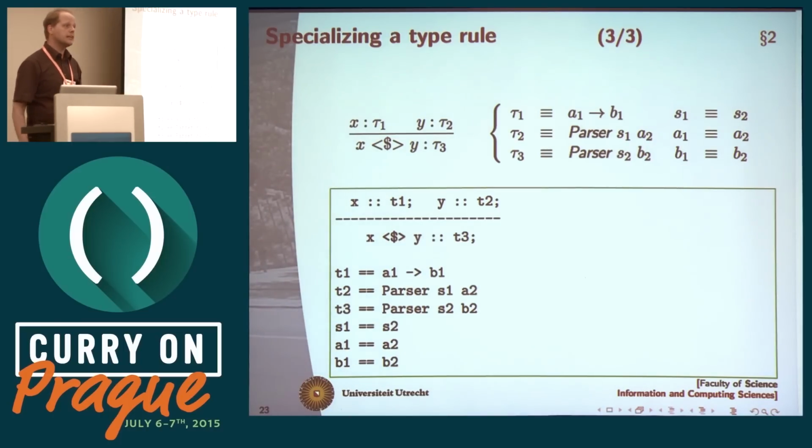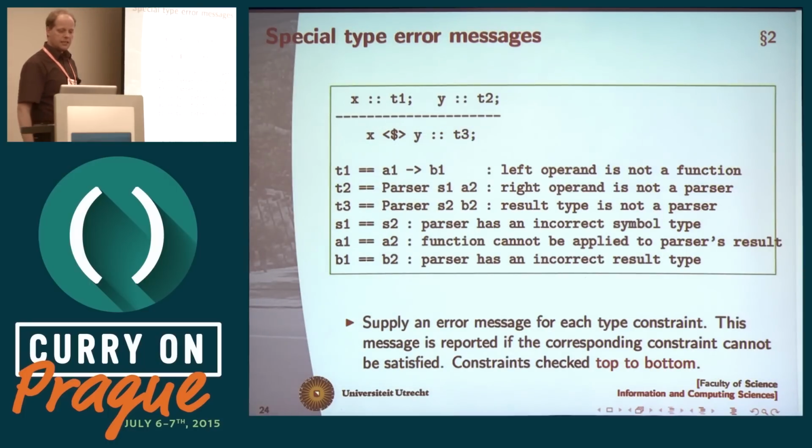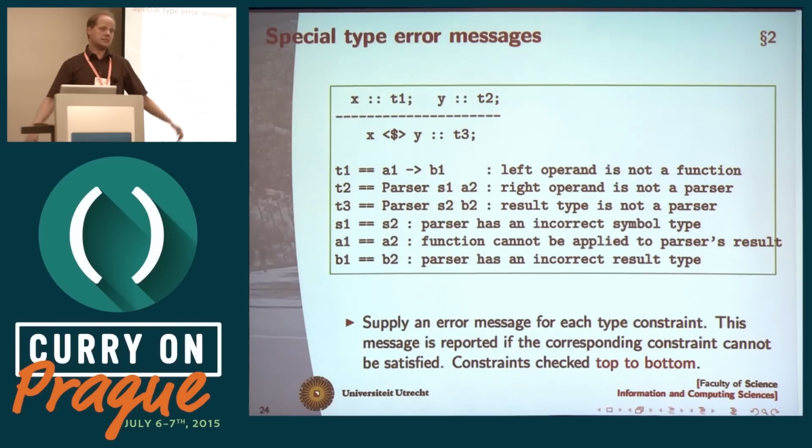That will be checked by the compiler. And if I did it correctly, these are actually the constraints that would be checked by the compiler if I didn't write this rule. The difference, however, is that I can associate with every constraint a special error message. And now you see that, hey, when this fails, or that one fails, it actually mentions parsers. So that's simple.